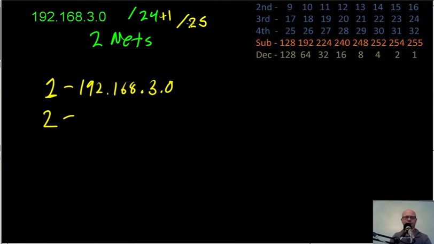Now, here comes the power of the chart. We have a /25 address, so we're going to find that in our chart. Here we've got our 25 in the CIDR field. That tells us our fourth octet is going to increment by a decimal value of 128. That's what that decimal field is for.